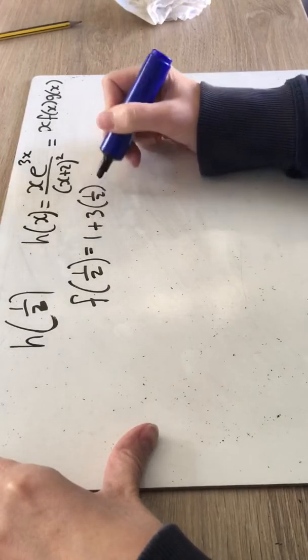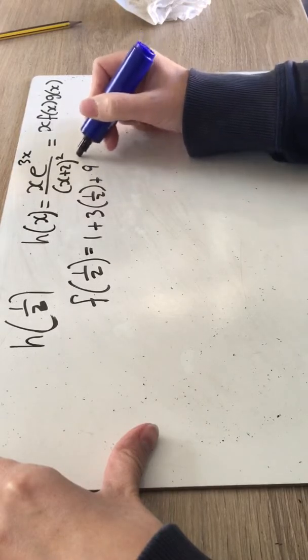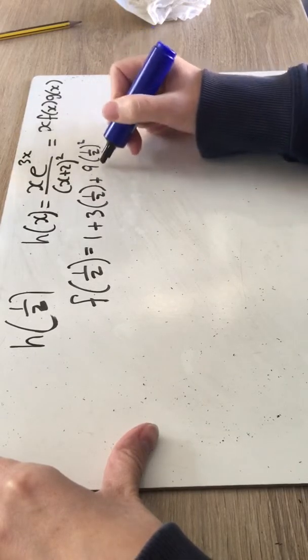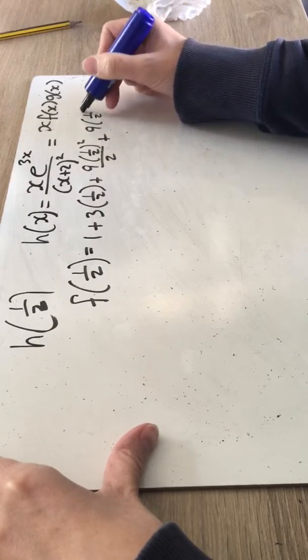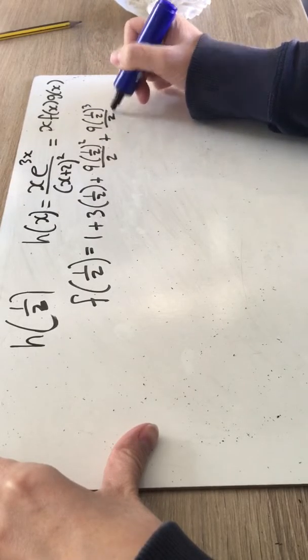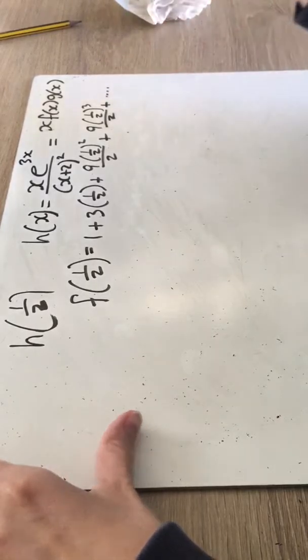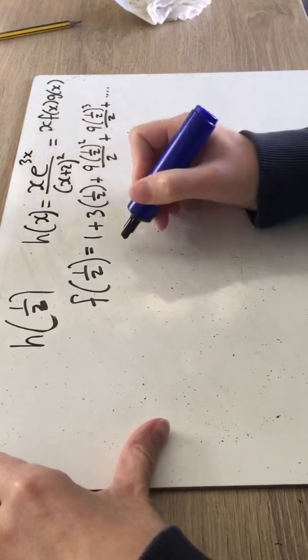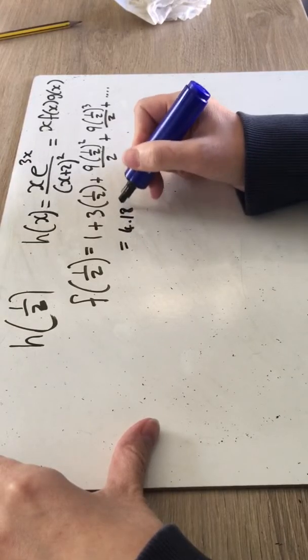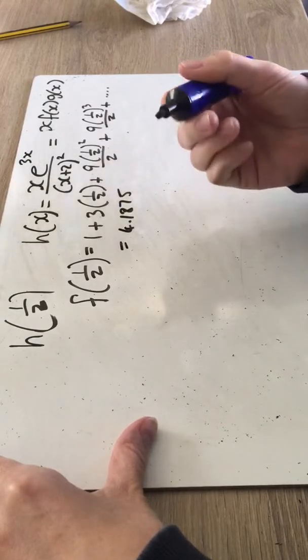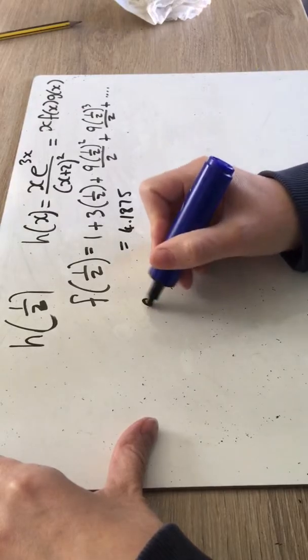I'm just substituting into the expansion. So 9 times a half squared over 2 plus 9 times a half cubed over 2 plus and so on. And if you work out that in your calculator, it is 4.1875.